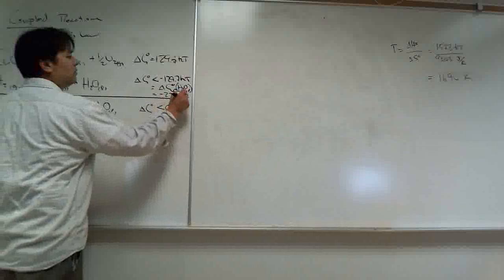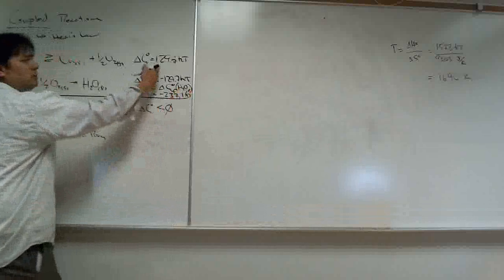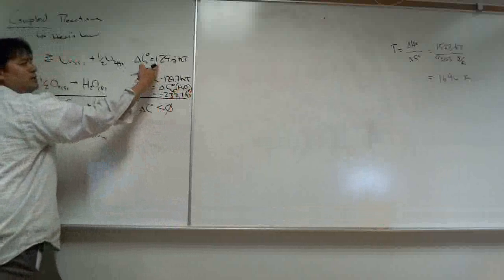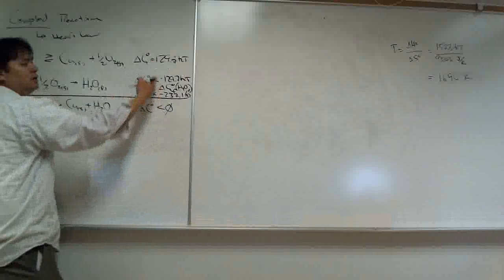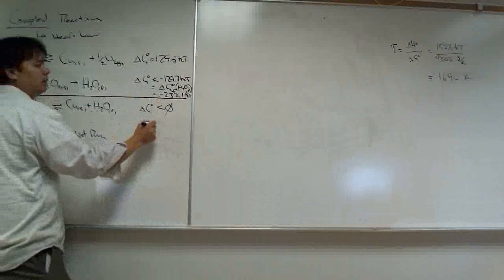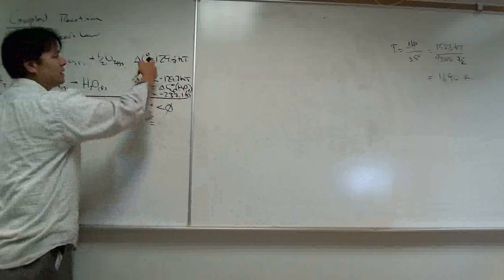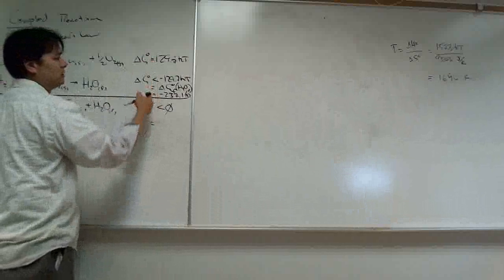Negative 237.1 kilojoules. And so you see the 129.7 is easily going to be negated by this. And not only that, it's going to make this whole thing negative. So Hess's law says we just add the energies.